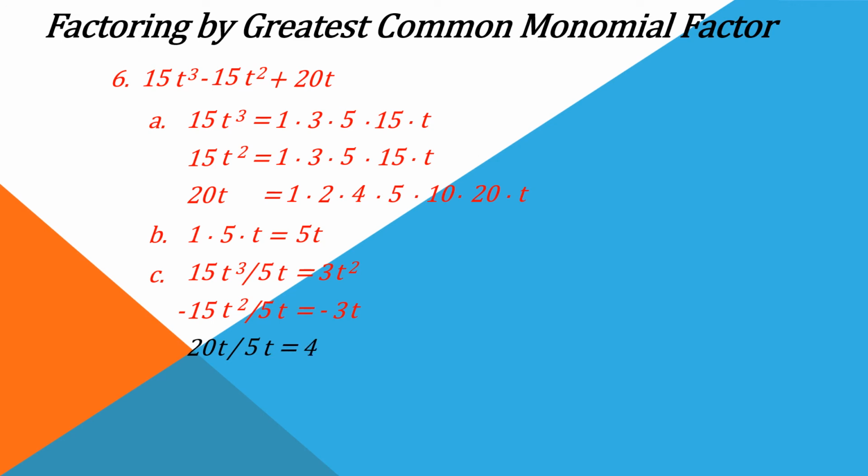We will combine these three terms, taking the signs, and multiply by the greatest common factor for the final answer. 15t cubed minus 15t squared plus 20t is equal to 5t multiplied by 3t squared minus 3t plus 4. And this is our final answer.